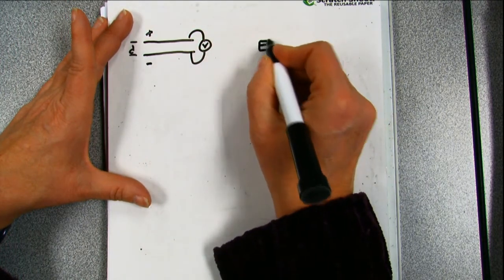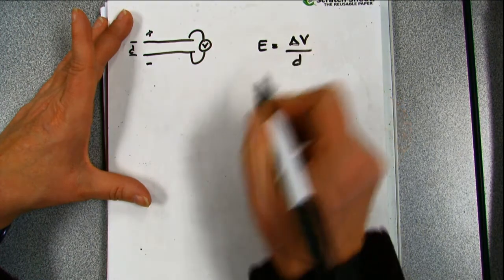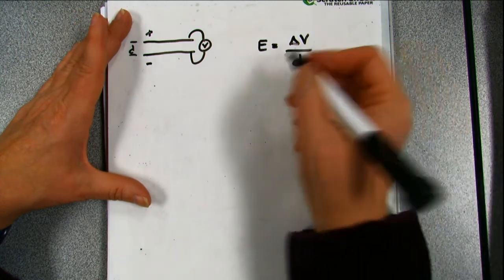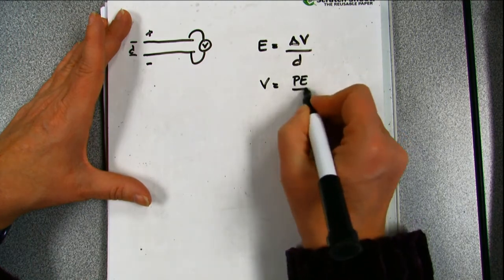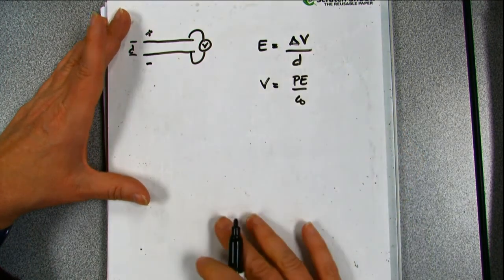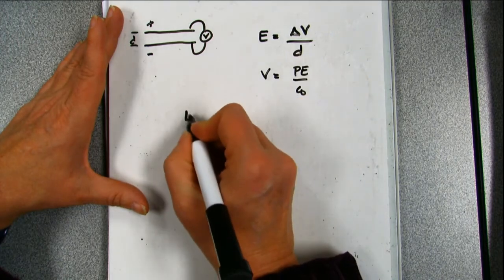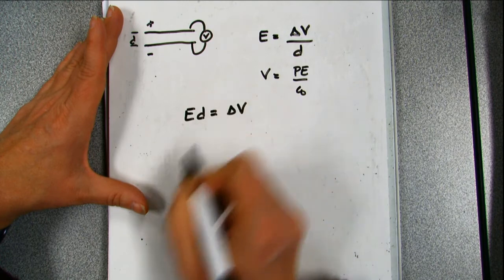We've already shown that the electric field is my change in potential divided by the distance. And we already know that the potential is equal to the potential energy divided by Q. So now I get the electric field times the distance is equal to a change in potential.